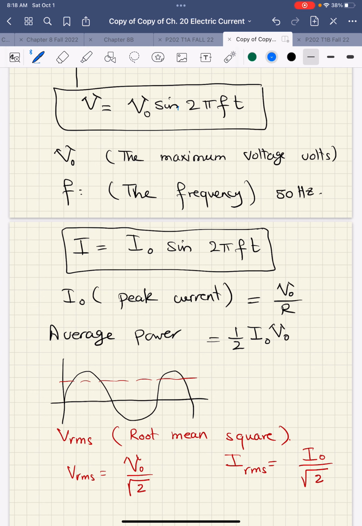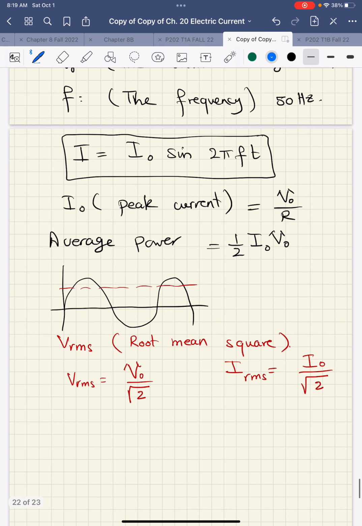And we can find here that, remember, we don't have one value, we have an average power, which is one half I0 V0. It is a recommended notation to use a value from statistics called VRMS, the root mean square value.